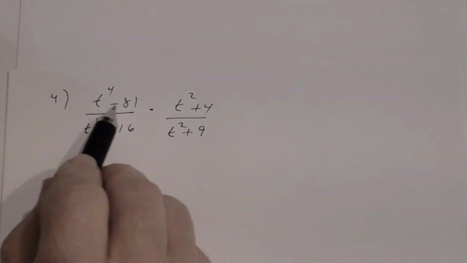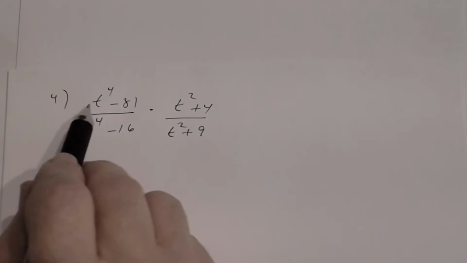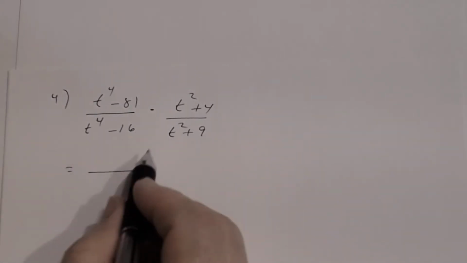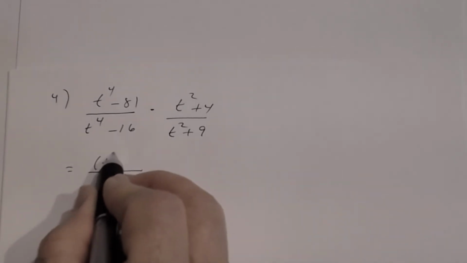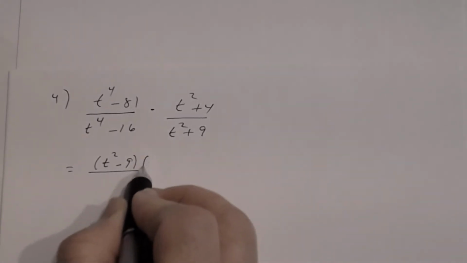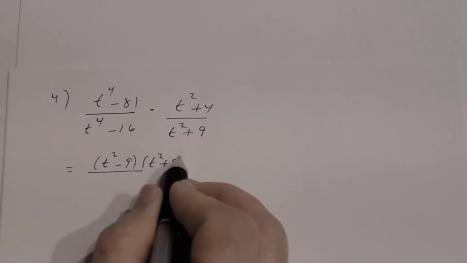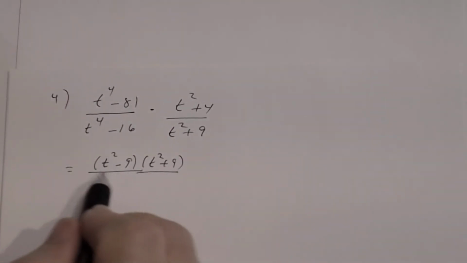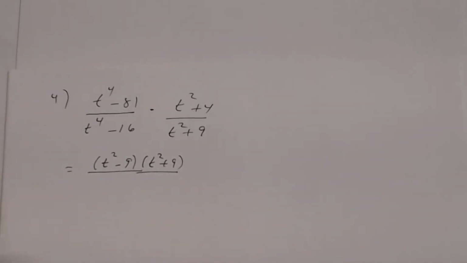So if you look at that first one, that's the difference of two squares. So if you think about it, I can factor t to the 4th minus 81 as t squared minus 9 times t squared plus 9, right? And then the denominator, and by the way, I can go further with this one, but I'm going to leave it alone for right now.